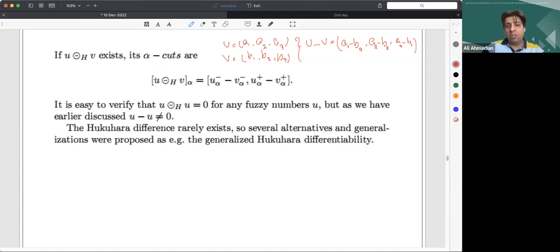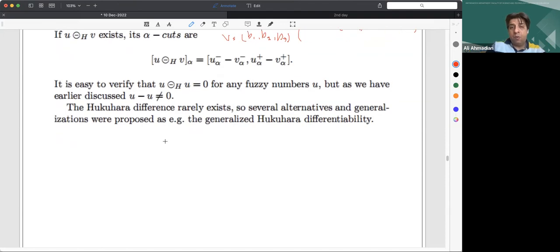I just want to explain this part. In classical mathematics, we have u minus v, you can see. But once we want to have the Hukuhara difference, you can see that this is the alpha cut, okay? The alpha cut is what we have. We want to recall, okay?